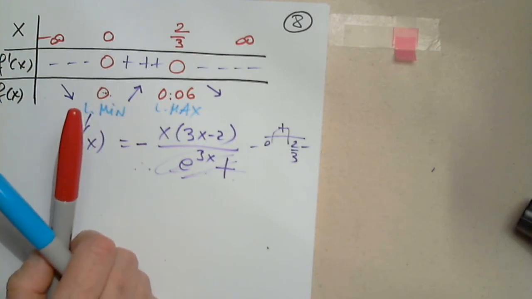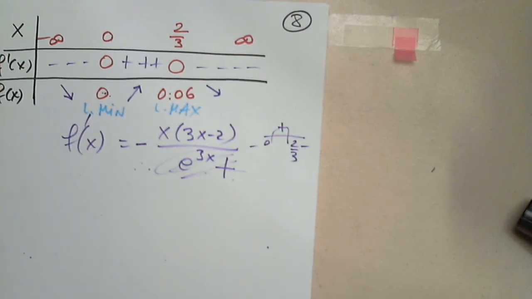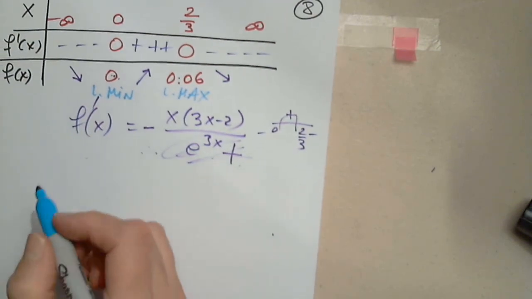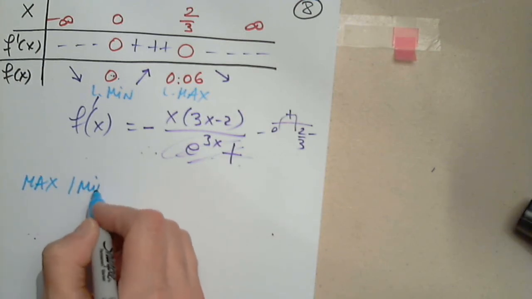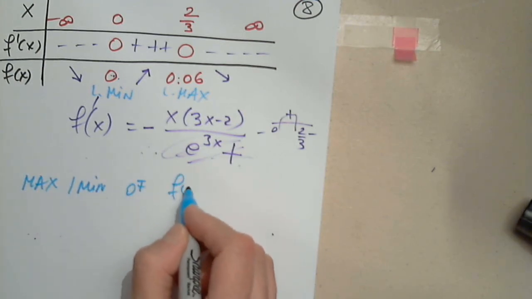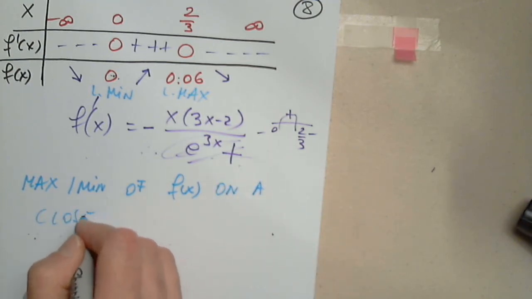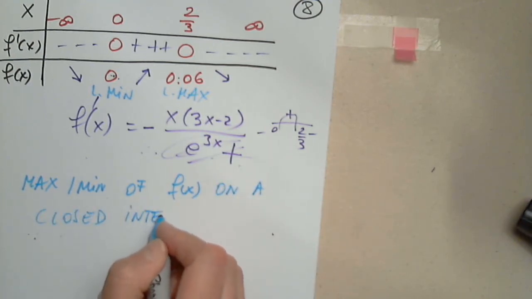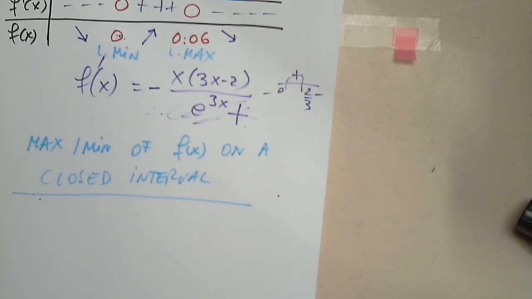One more topic we have to look at here in this section, which is about finding max min of a function on a closed interval. Not on the entire domain.